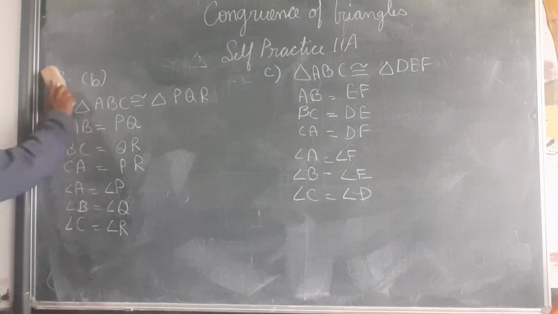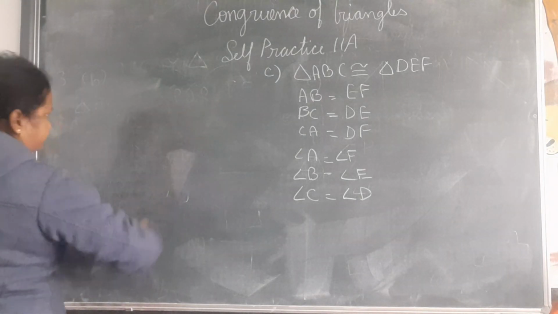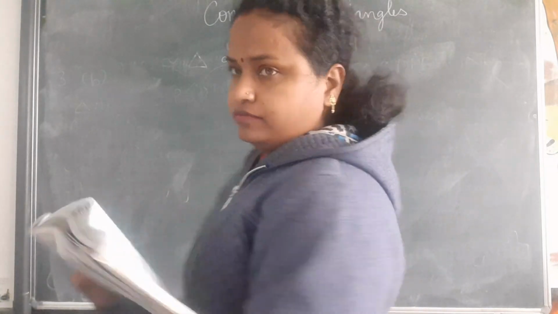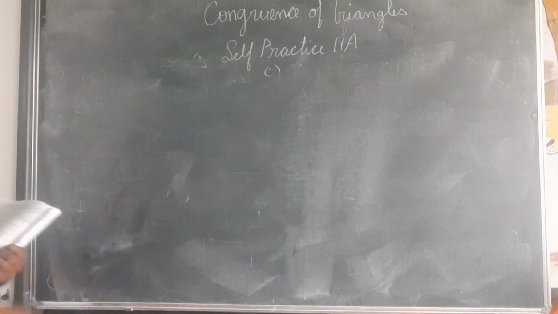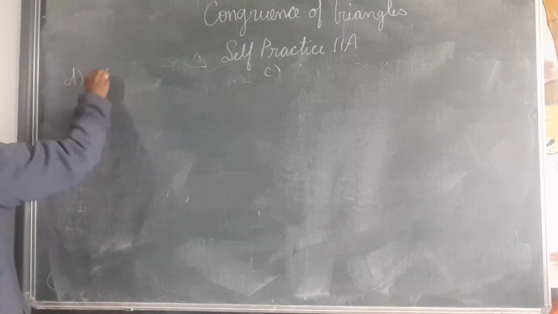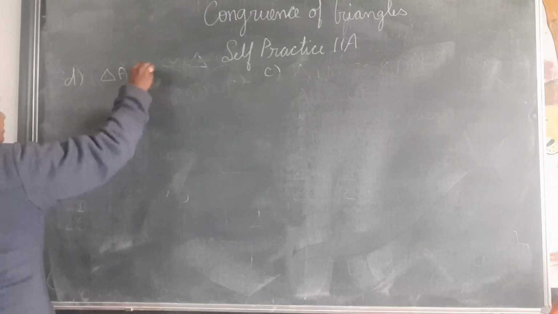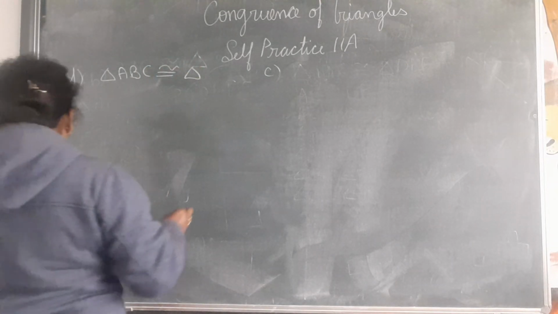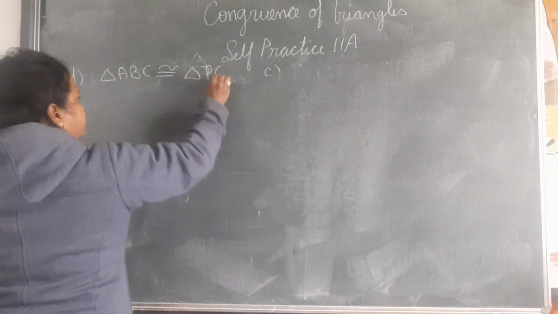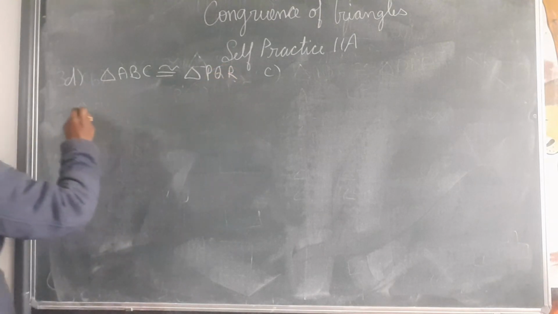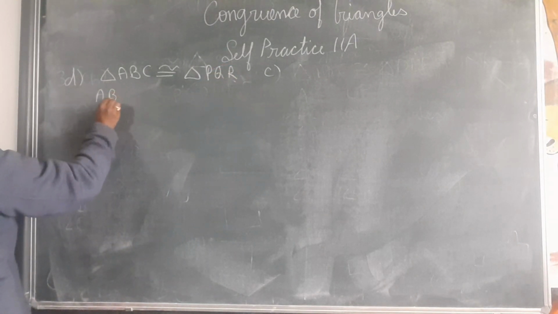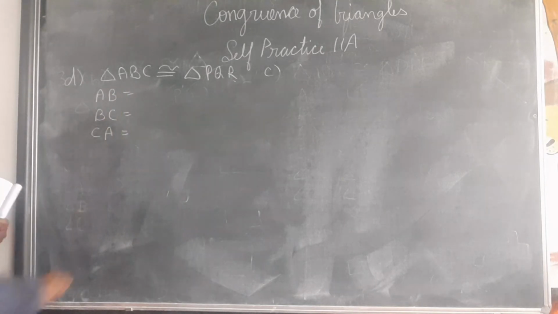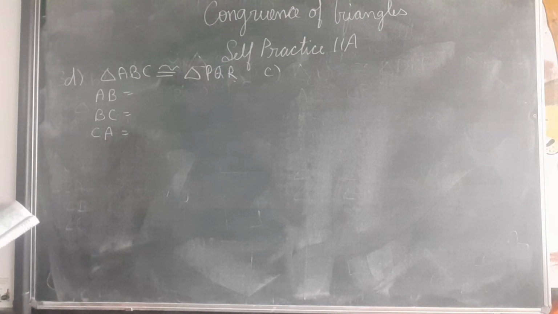Now see the D part of it. What is there in D part? Triangle ABC is congruent to triangle PQR. So AB, BC and CA, we have to say which are equal.